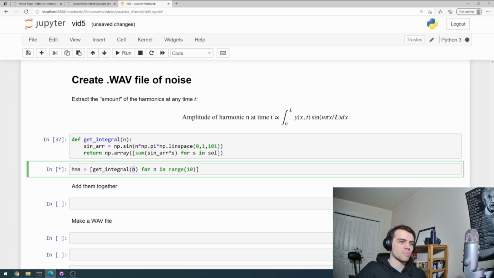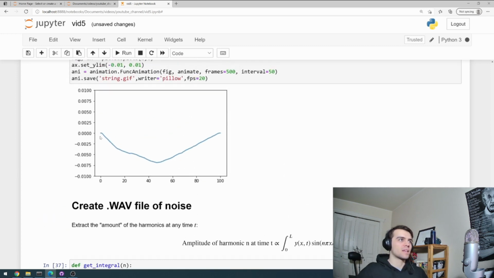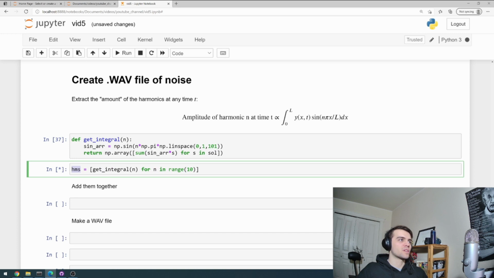That won't be important. But 1, 2, 3, 4, 5, 6. And it will tell me for each one of these harmonics how much oomph there is in that harmonic at that point in time. Because remember, the string could be bent in some weird way like this. And I would say, well, this is mostly composed of the first harmonic, and there's going to be a little bit of the second harmonic, etc. So this is telling me how much of each harmonic there is as a function of time. So we'll let this run. This usually takes a little bit to run.